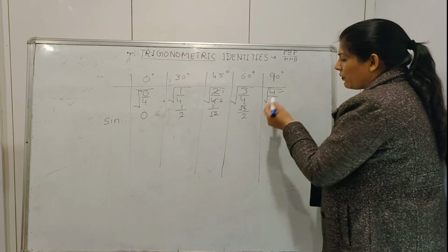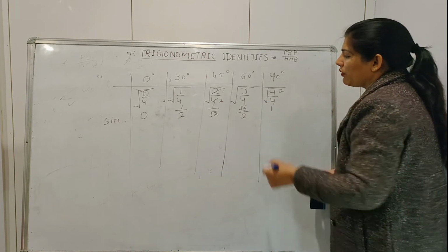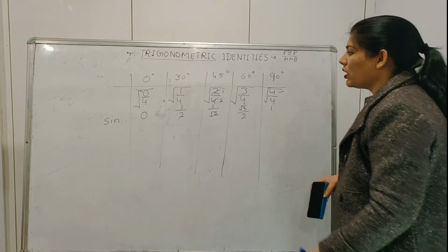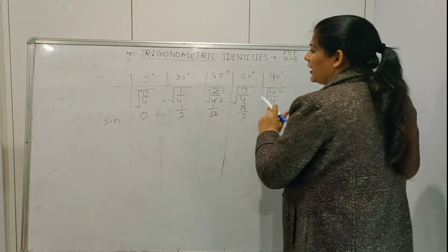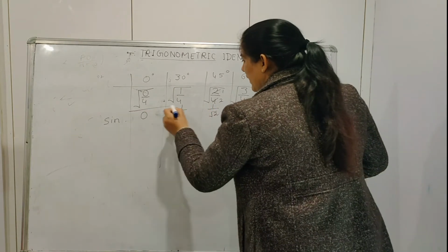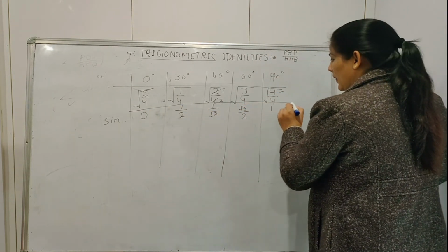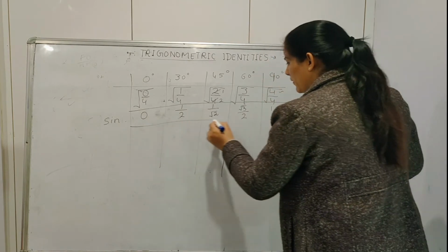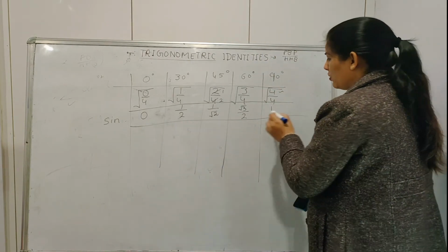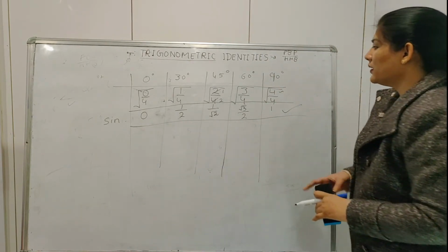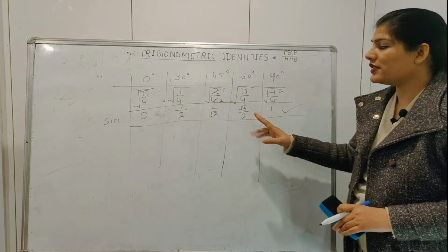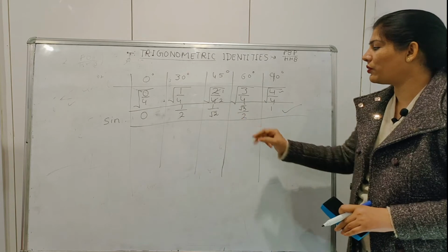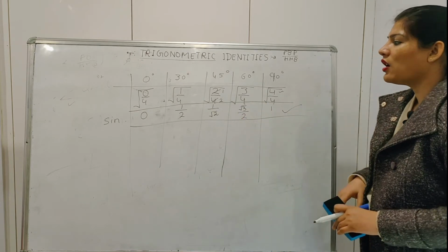And 4 upon 4 is 1 and the square root of 1 is 1. So basically these are the values of sine 0 degree, sine 30 degree, and sine 45, 60 and 90. So the first row you have to learn is 0, 1 upon 2, 1 upon root 2, root 3 upon 2 and 1.